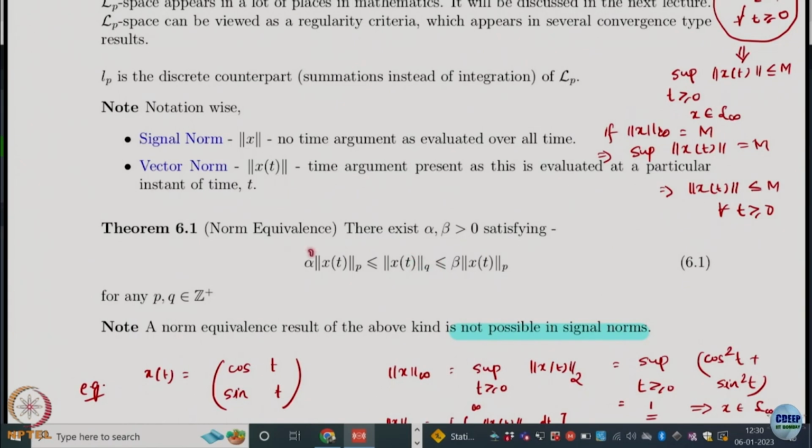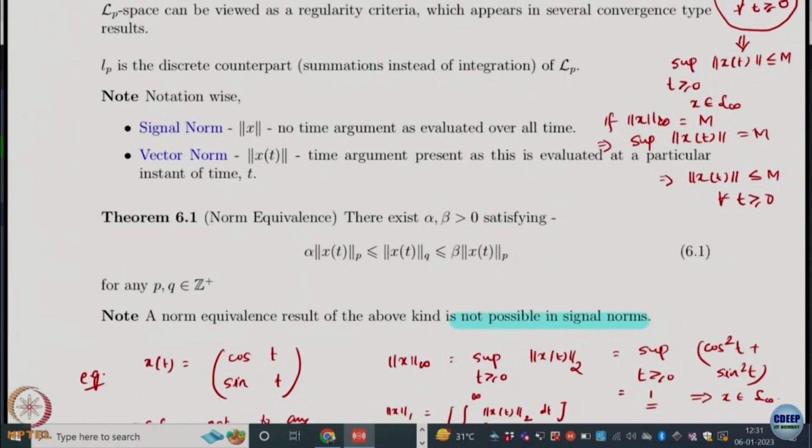So alpha times the P norm of x(t) is less than or equal to the Q norm of x(t), which is less than or equal to beta times the P norm of x(t). And vice versa: if you have P in the middle, you can still find other constants, 1 over alpha and 1 over beta. So vector norms can always be related to each other. They have what is called norm equivalence.